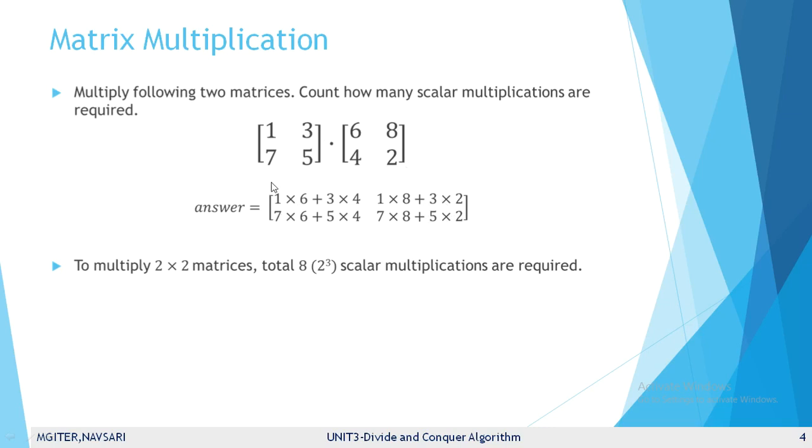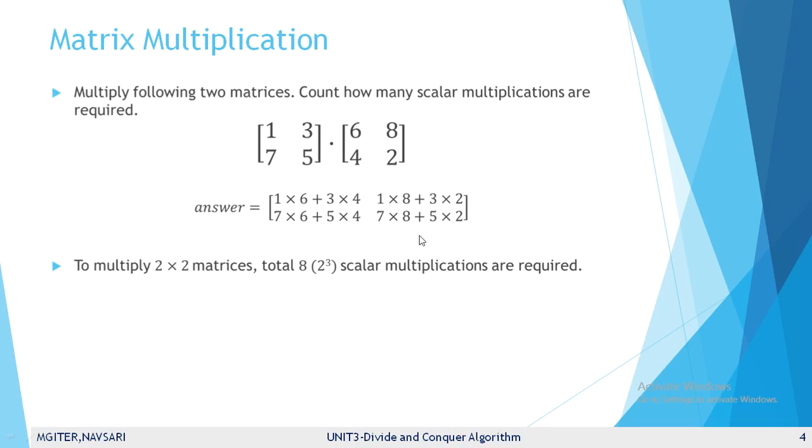For the third component, second row first column, 7 into 6 plus 5 into 4. For the fourth component, 7 into 8 plus 5 into 2. So 8 multiplications are required for 2 cross 2 multiplication, and 4 additions.